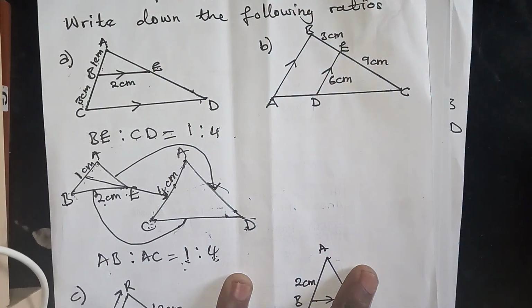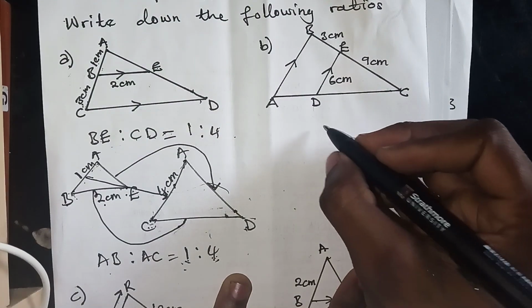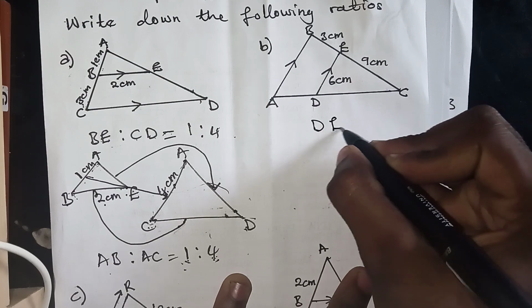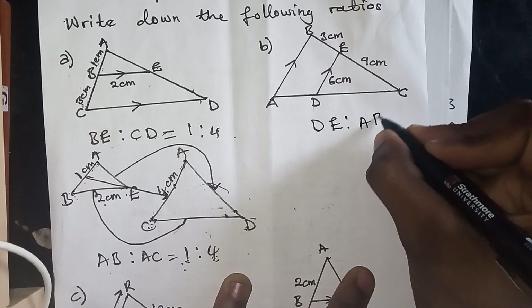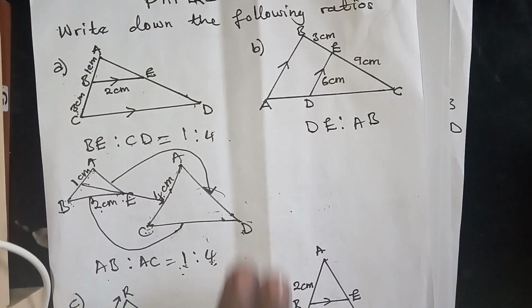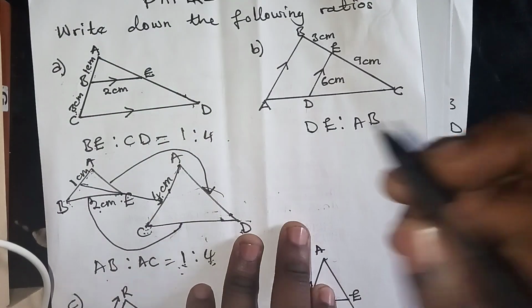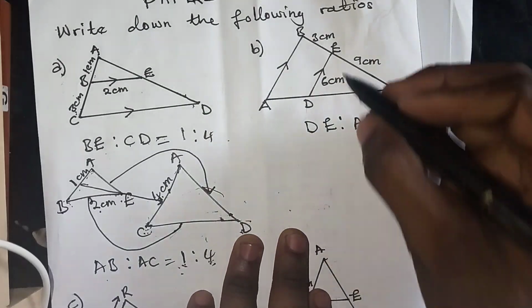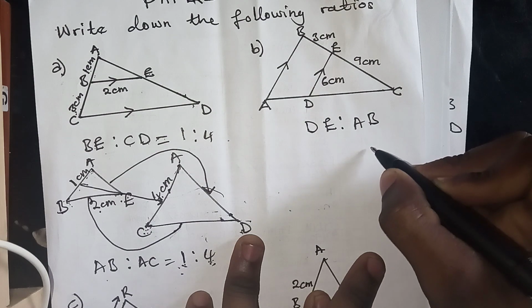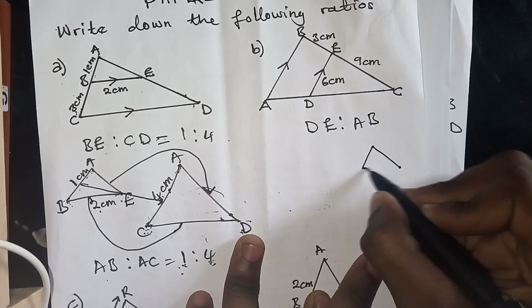We have this one here. We are trying to find the ratio of, I didn't indicate here, but it's DE, this one, to AB. So now, to find this ratio, you separate these two triangles and check the corresponding sides. So I'll draw the smaller triangle this side.